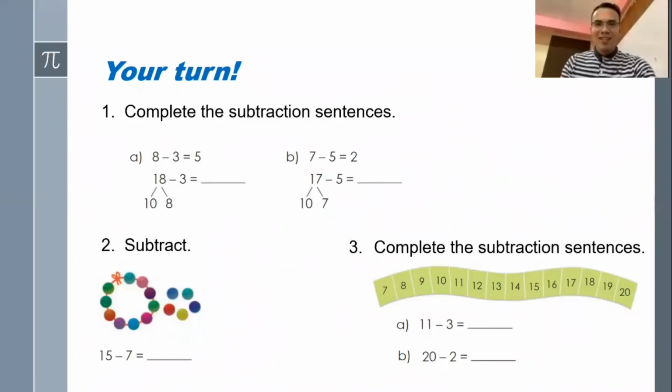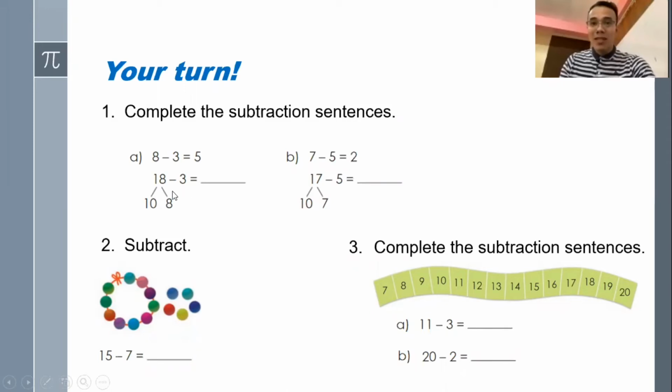All right, let's see how you are doing in these exercises. Let's have number 1. Number 1 says, complete the subtraction sentences. Letter A, 8 minus 3 equals 5. 18 minus 3 equals blank.